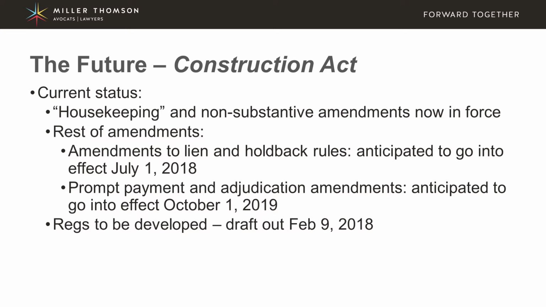There's also significant revisions being made to the regulations, and they are being developed currently. A draft was released February 9th, 2018, but these regulations are still being worked on, and they will set out a lot of the actual details that are required in order to understand how these amendments and provisions will proceed.